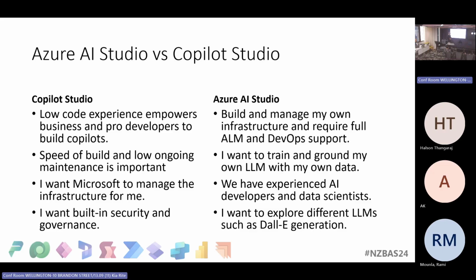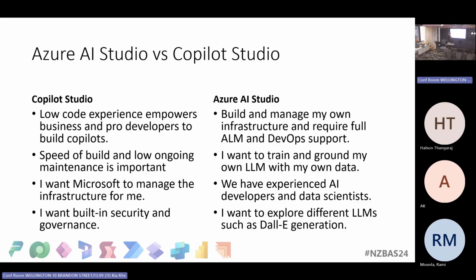For one, you've got much more fine-grained control over the base large language model that you're building the Copilot on top of. You can also ground it with your own data, and monitor and tweak things, like tweaking the security and how much it's costing.